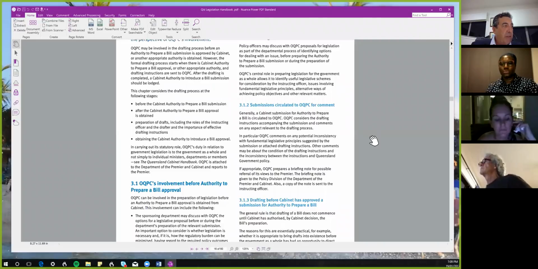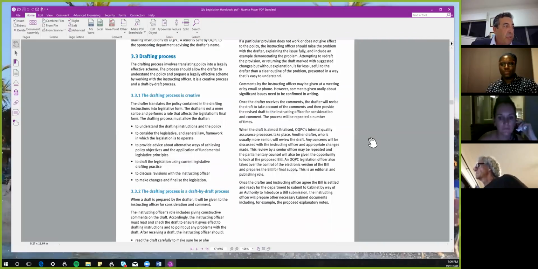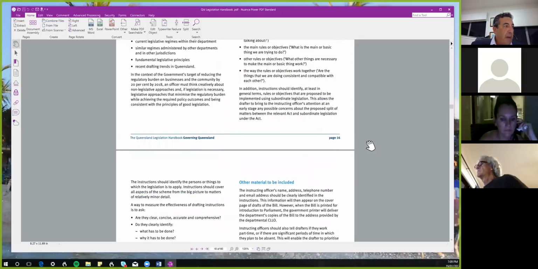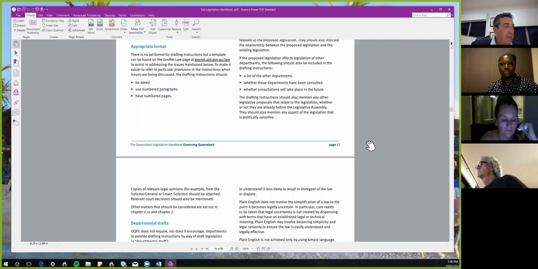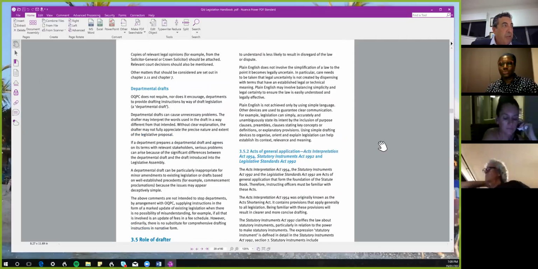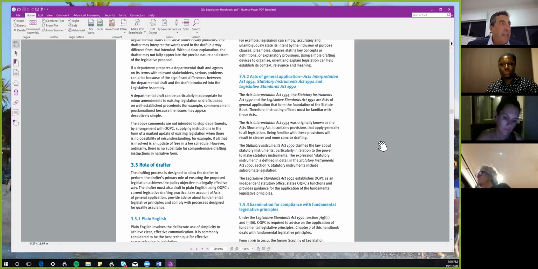Okay, let's have a look at 3.5.2, and I'm just really selecting examples of what I think is important in this document. You may think that there are other things that are equally, if not more important than what I'm highlighting. So 3.5.2, you'll see on the right-hand side there, deals with acts of general application, and you'll see a reference to 3 pieces of legislation, all relevant in terms of statutory interpretation.